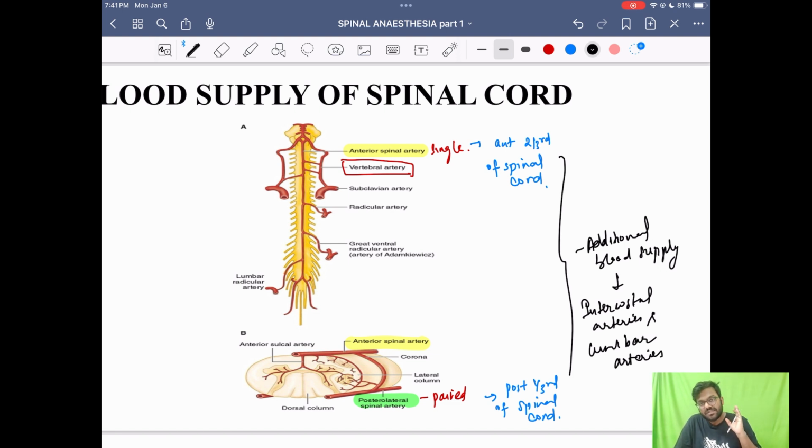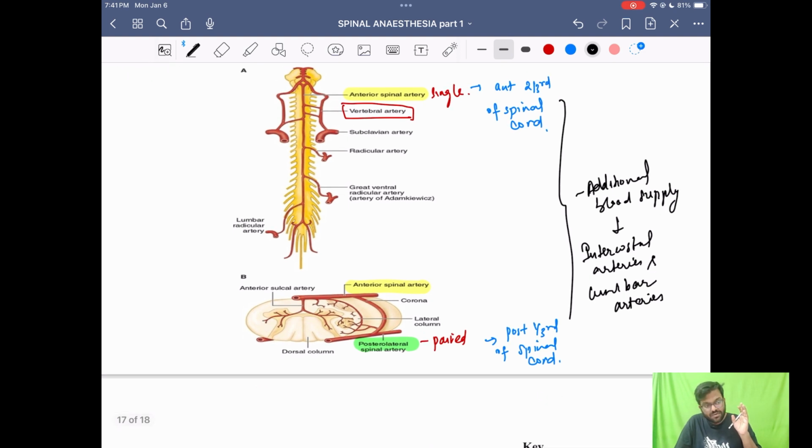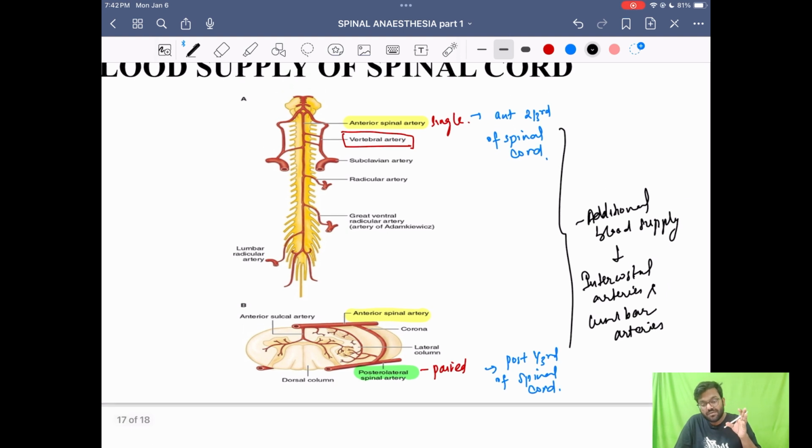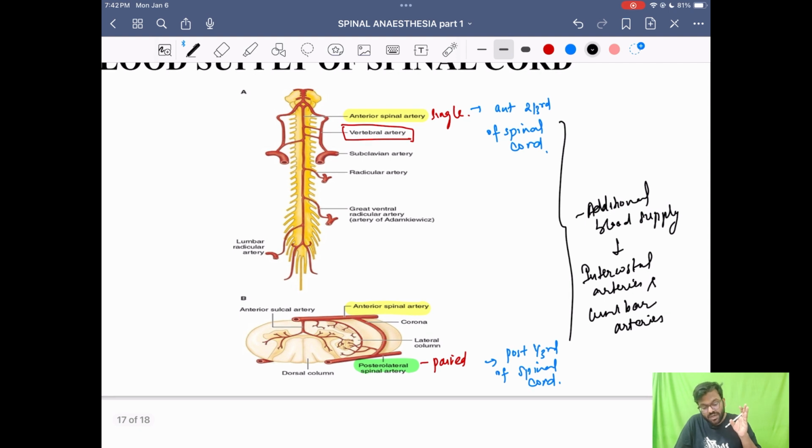The anterior spinal artery arises from the vertebral artery. And where does the posterior spinal artery arise from? It arises from the posterior inferior cerebellar arteries. Anterior spinal artery supplies the anterior 2/3 of the spinal cord. Posterior spinal artery supplies the posterior 1/3 of the spinal cord. Both of them also receive some additional blood supply from the intercostal arteries and the lumbar arteries.